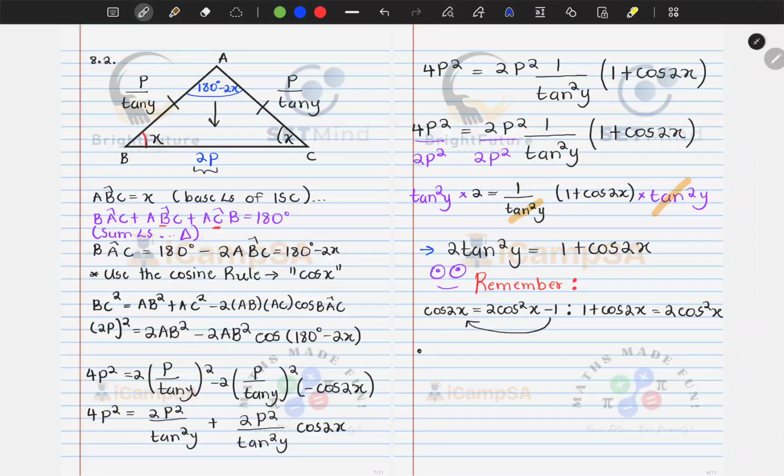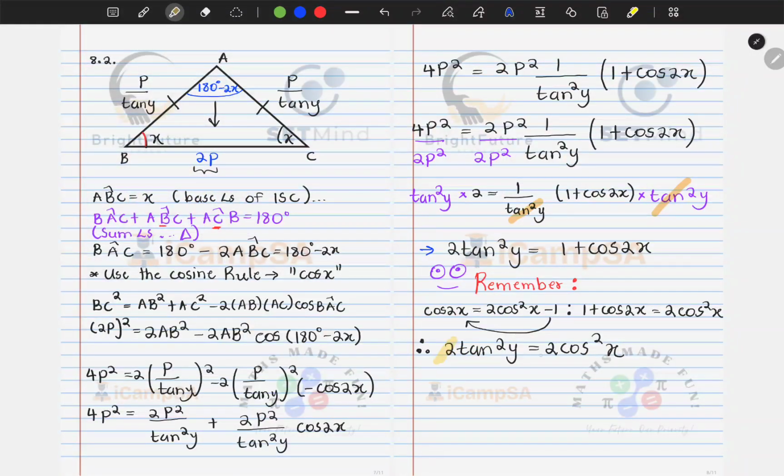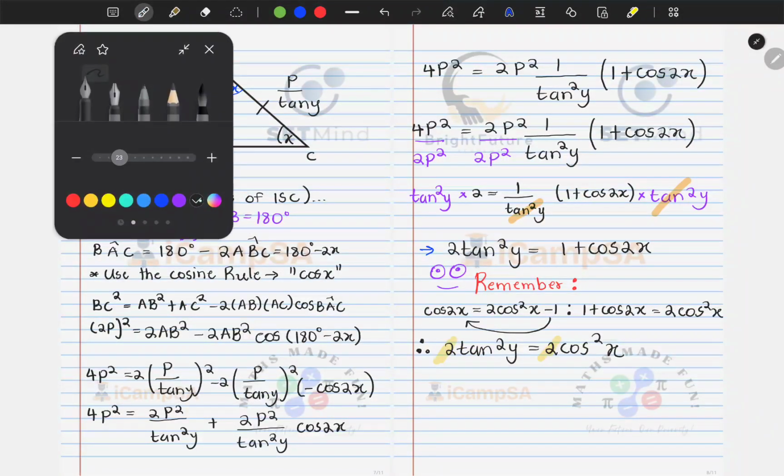So what does this mean? It means that for our problem, we have 2 tan squared of y equaling 2 cos squared of x. And guess what? These 2's cancel.